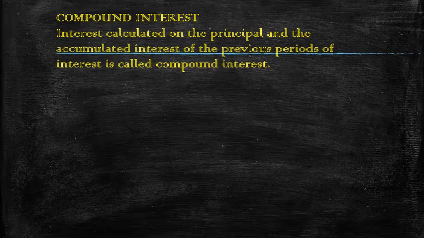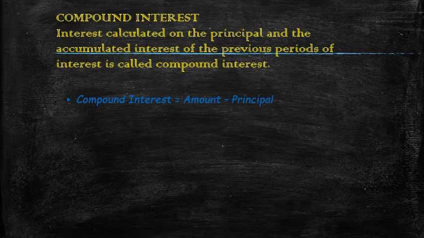Hence, the amount is said to be compounded. The difference of the final amount thus obtained and the actual principal gives the compound interest. Compound interest is equal to amount minus principal.